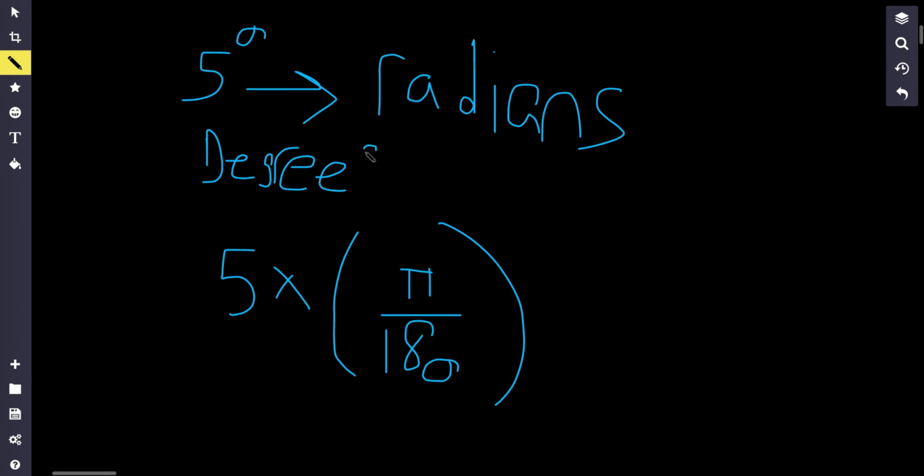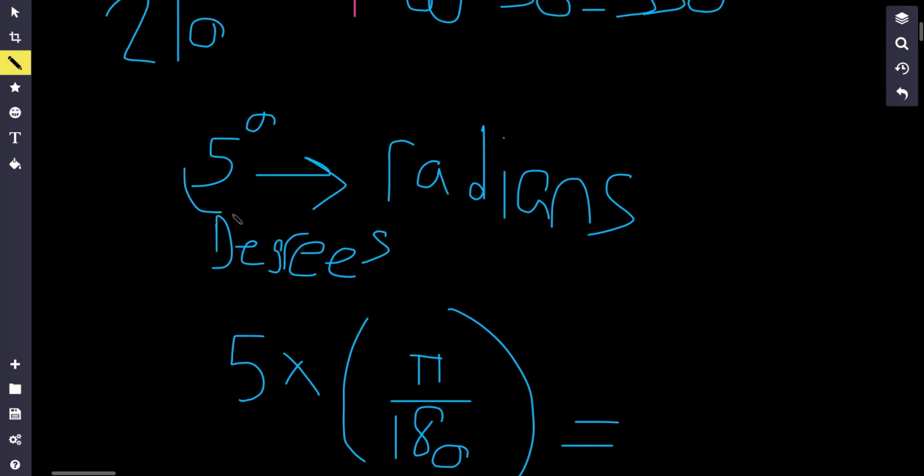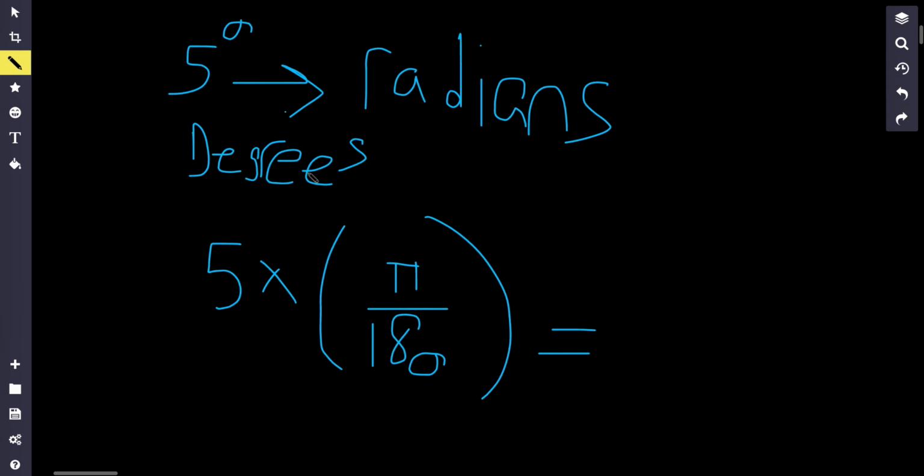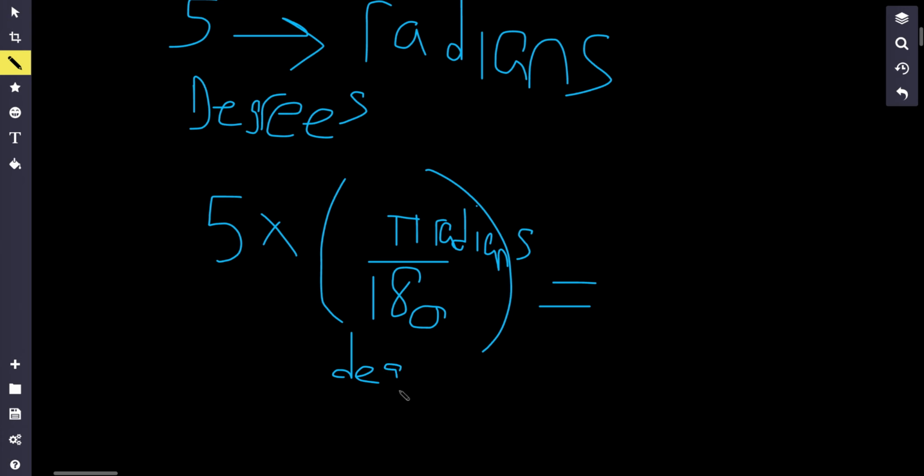All right, let's say I want to convert from degrees to radians. In this example, I want to convert 5 degrees into radians. Both of these are measures for angles. I take my 5 and say that in pi radians there's 180 degrees. If you want to know why that is, check out my video on it.